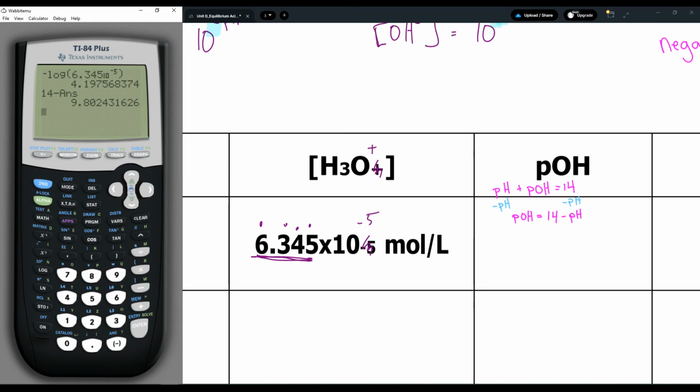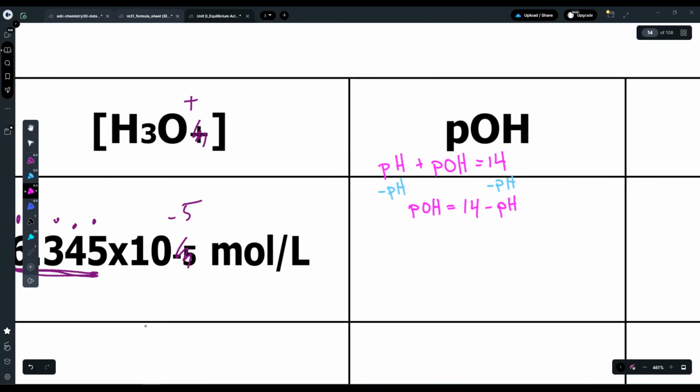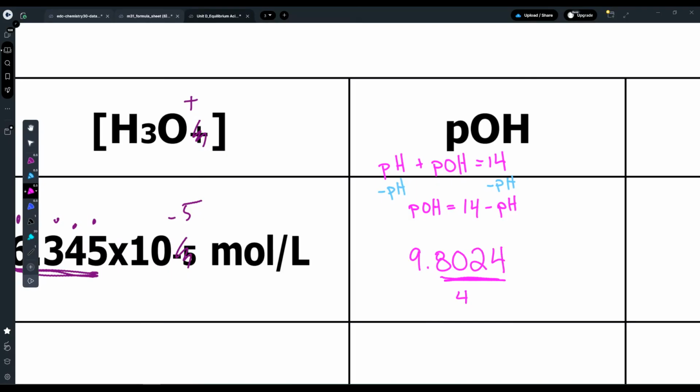But since I know I need to put this to 4 sigdigs, and because pOH has the letter P in it, I'm only looking after the point to determine sigdigs. So this number will be 9.8024. So the sigdigs are right here.